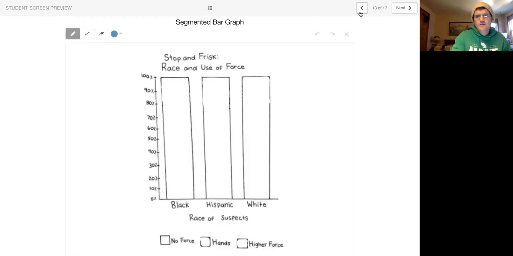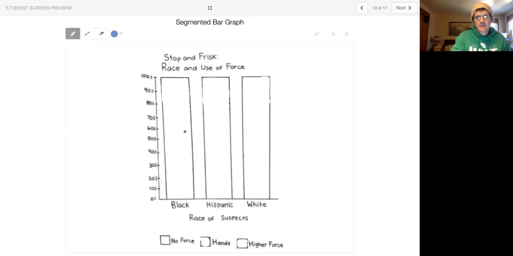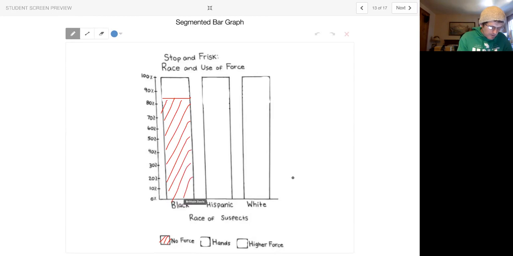So, and this is only for black and white. So I'm not going to be able to shade in the Hispanic. But black was at 84. So I could put something right there. So no force, I'll just do kind of these dash lines like this. And for white, I think it was 79, something in that range.